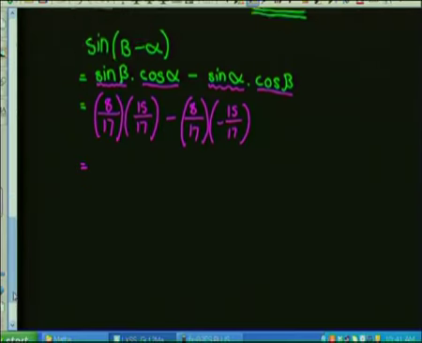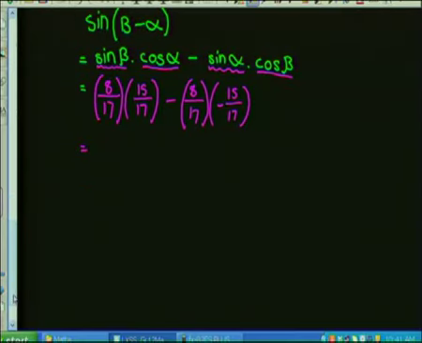So, 8 over 17 multiplied by 15 over 17 gives us a value of 120 over 289, minus 120 over our negative 289.